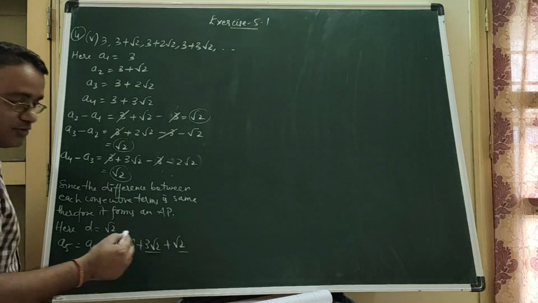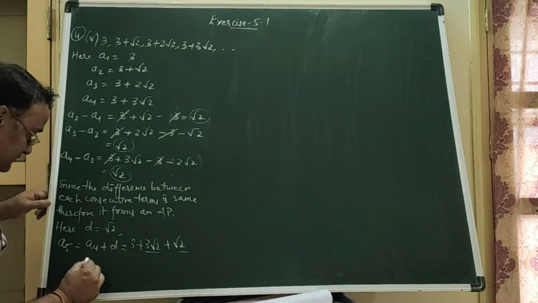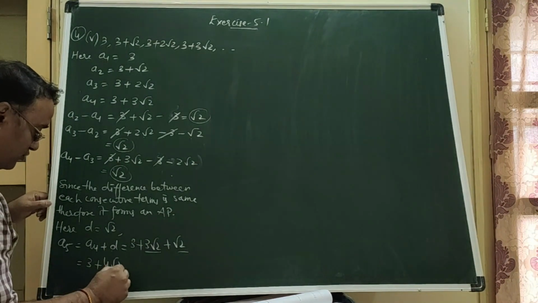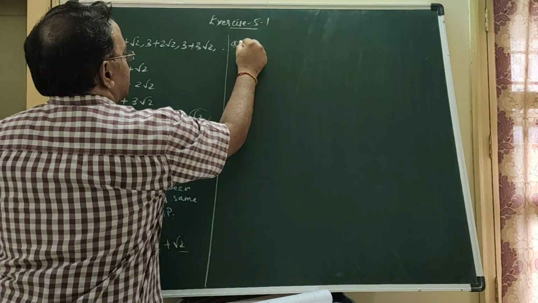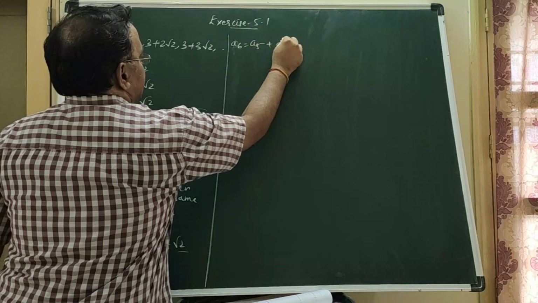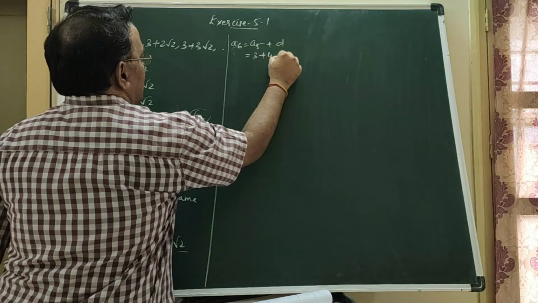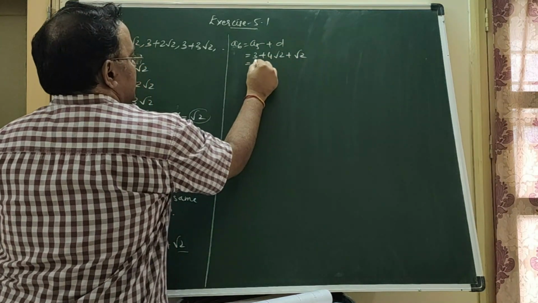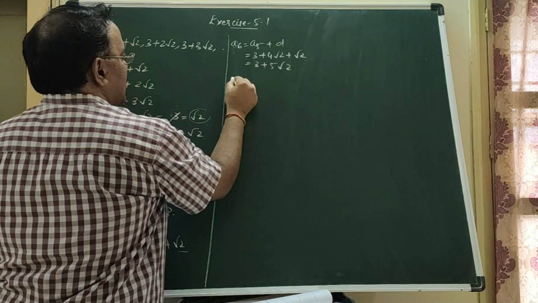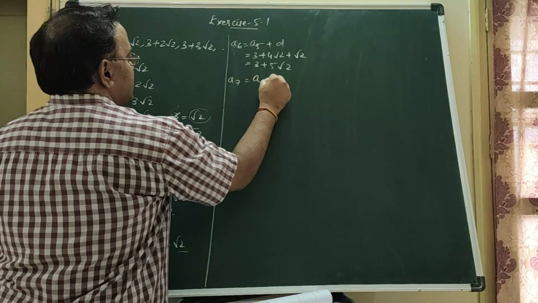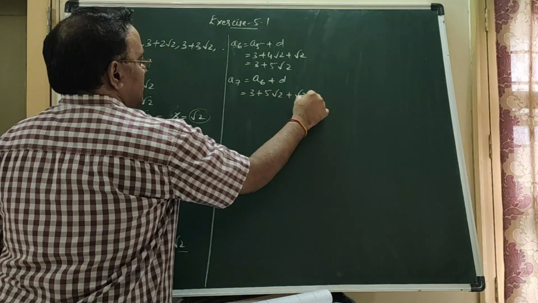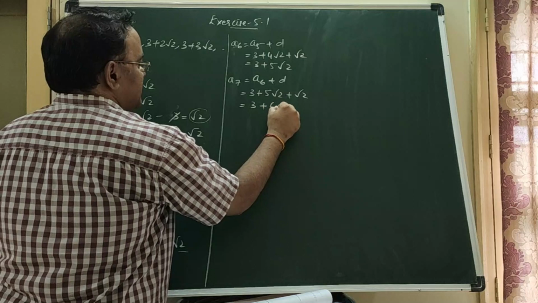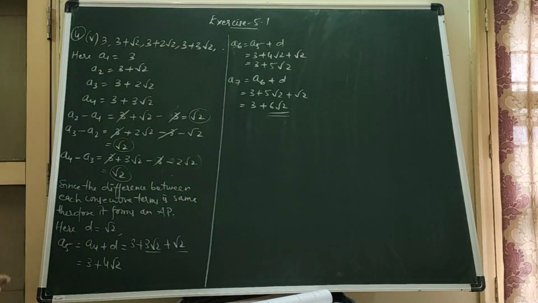See, how much will 3 root 2 plus root 2 be? 4 root 2. So we'll get 3 plus 4 root 2. So the 6th term is a5 plus d, that is 3 plus 4 root 2 plus root 2, which is equal to 3 plus 5 root 2. And the 7th term is a6 plus d, that is 3 plus 5 root 2 plus root 2, which is equal to 3 plus 6 root 2. Okay, so this is the solution.